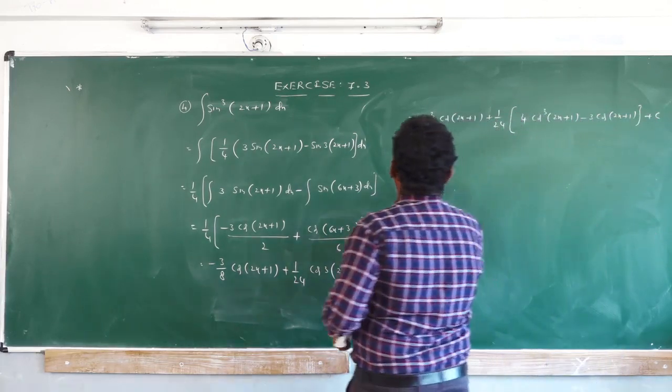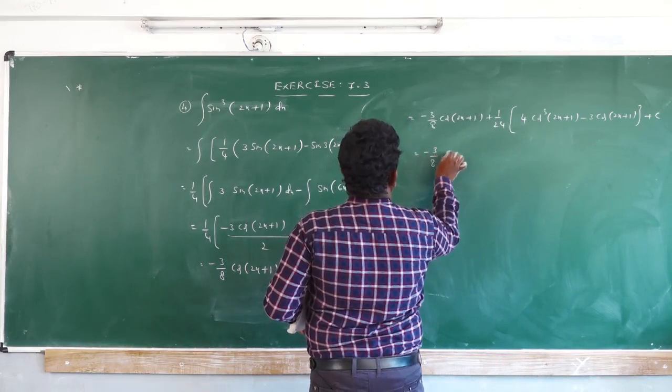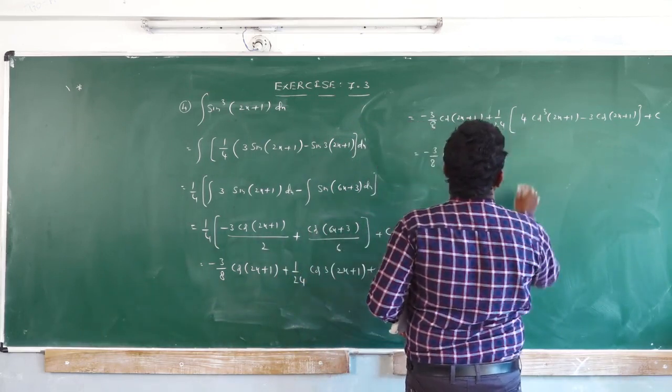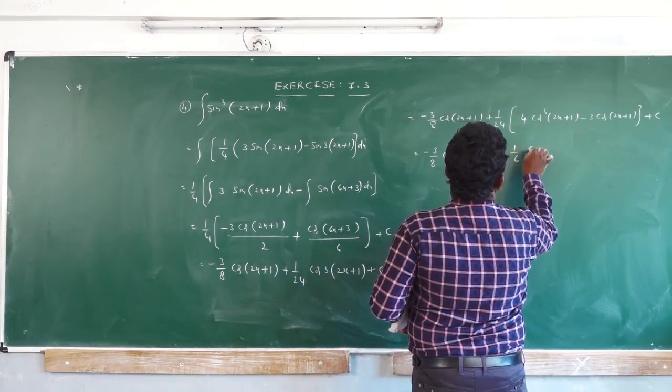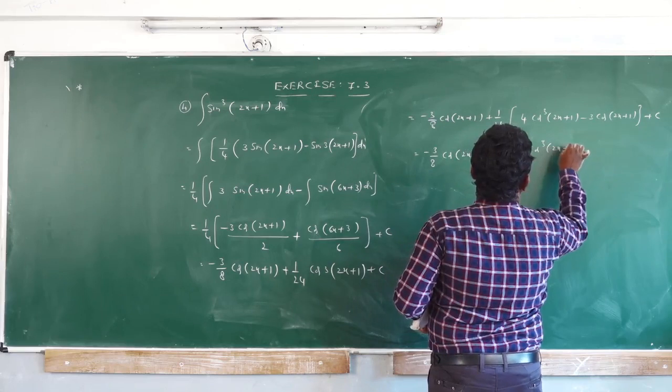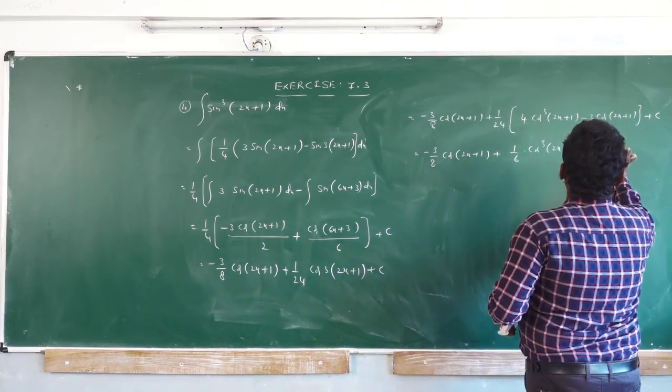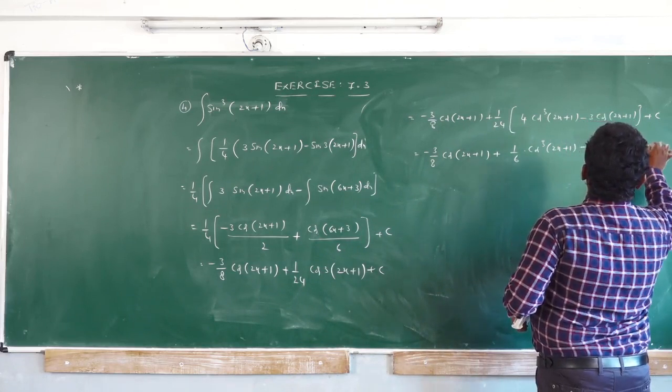Then that is equal to minus 3 by 8 cos of 2x plus 1 plus 4 ones are 4, 6s are. So 1 by 6 cos cube of 2x plus 1 minus 1 by 8, 3 ones are 3, 8s are, cos of 2x plus 1 plus c.